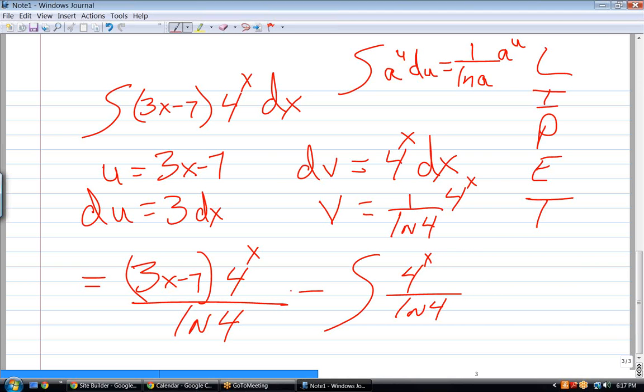It's uv minus the integral of v du, and I like to think of it as voodoo. I always remember it if I think voodoo: the integral of voodoo, which is the integral of v du. Well, this is v. What's du? Oh, that's 3 dx.